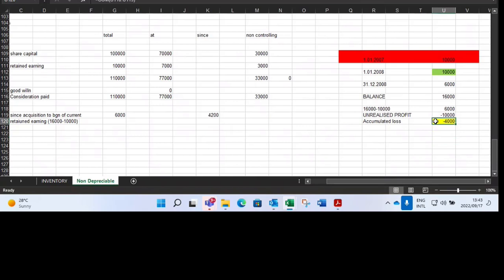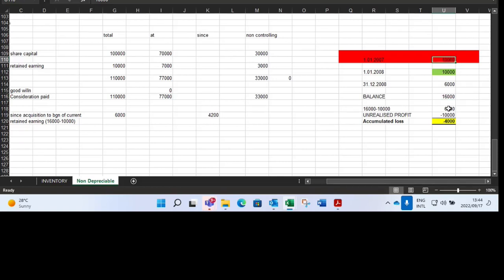Do you see how I calculate this accumulated loss? Yes, sir. Here we have retained earnings of 16,000 as the balance, which came as a result of 10,000 plus 6,000: the balance at the beginning of the current year of 2008 plus the profit realized at the end of 2008, which is 6,000. When you add the two, they give you 16,000. On the 16,000 you have to minus the 10,000 of the acquisition date.